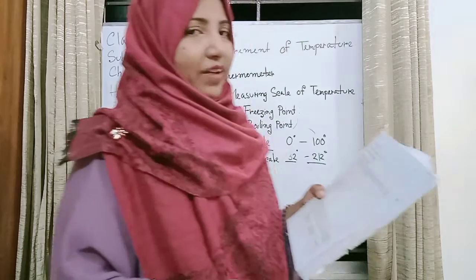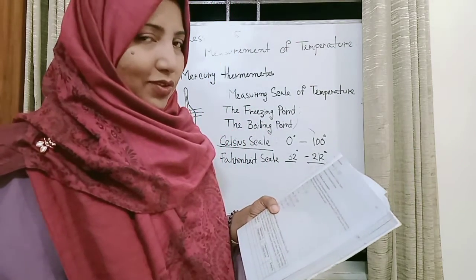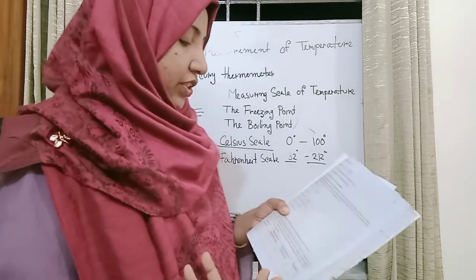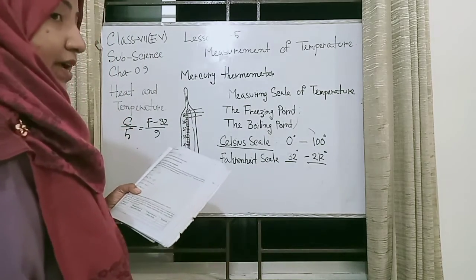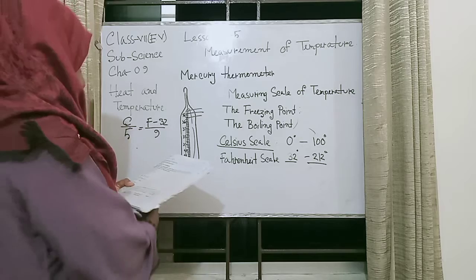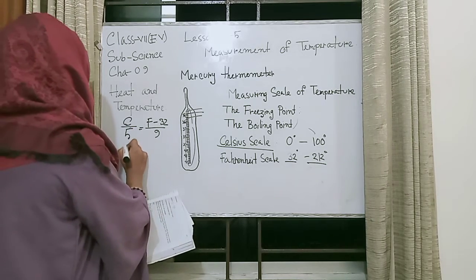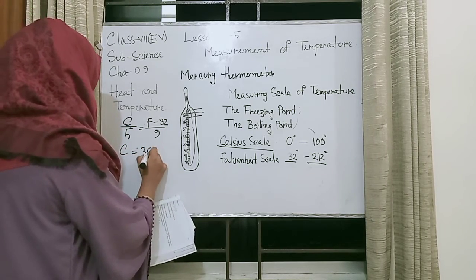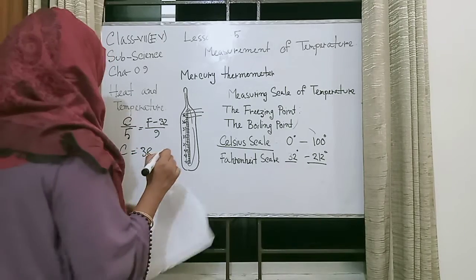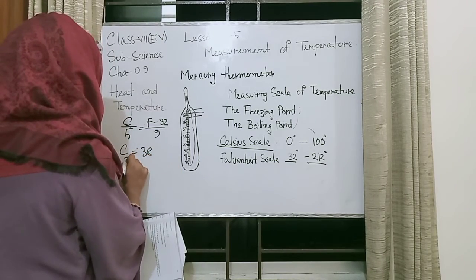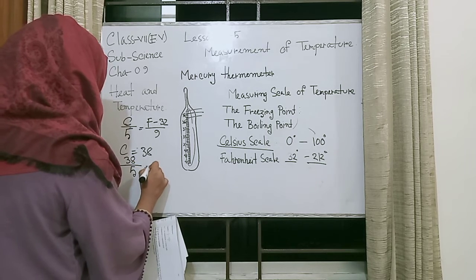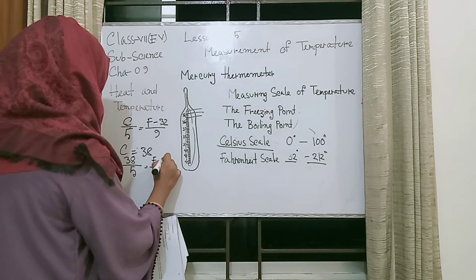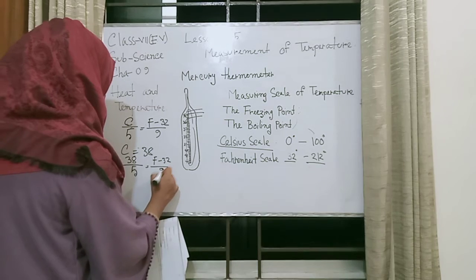Very easily we can use the equation. We know C divided by 5 equals F minus 32 divided by 9.